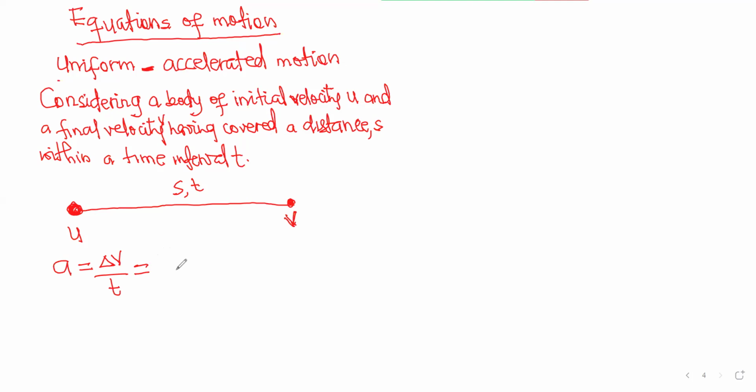Okay, Ivan. Sir, a is equal to v minus u over t. Thank you. So a, acceleration of the body, will be equal to final velocity minus initial velocity divided by t.